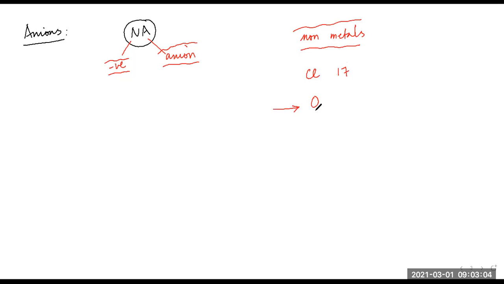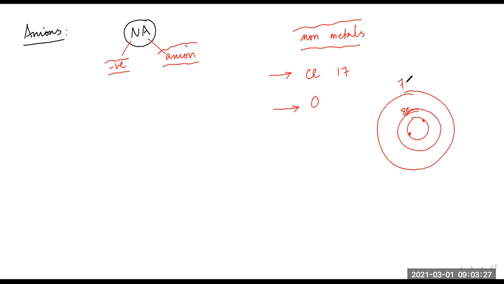So others also, which are deficient in electrons, will gain electrons and become negatively charged. So chlorine would have 2 electrons here, then on this shell 8 electrons, and in the last shell 7 electrons.